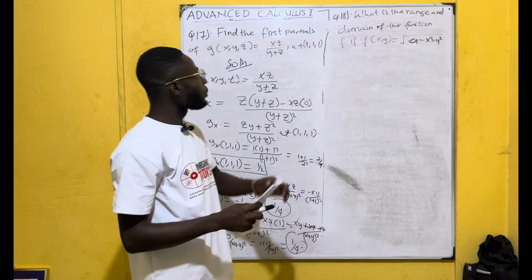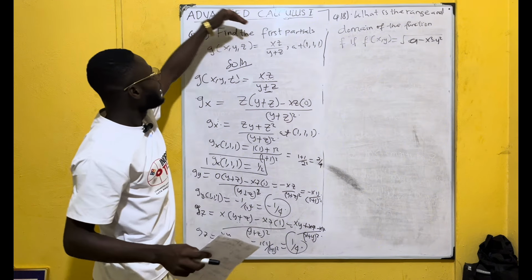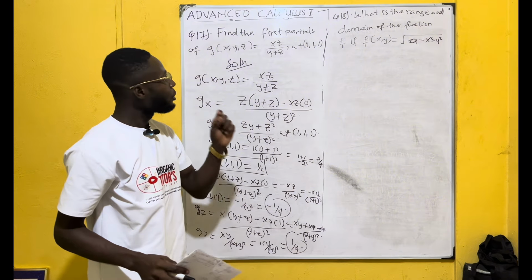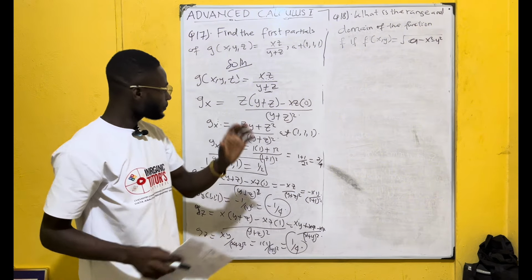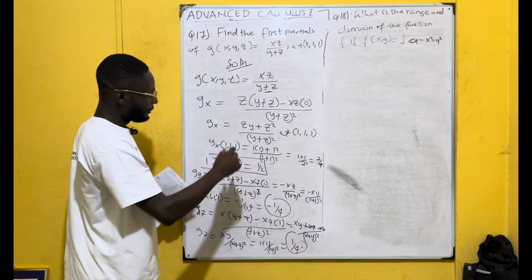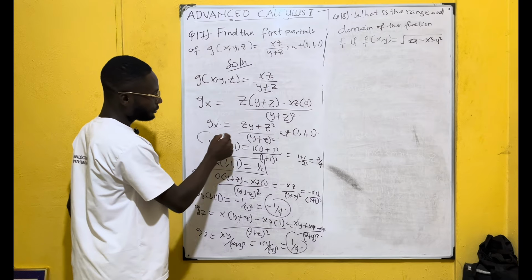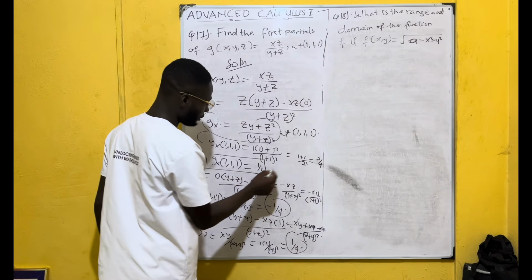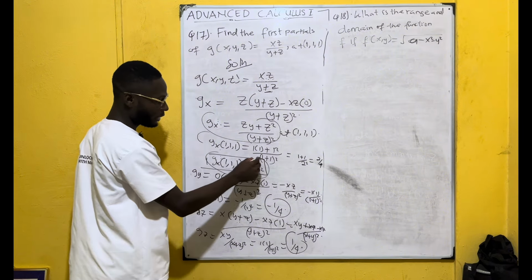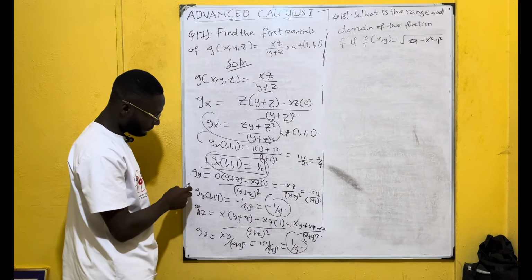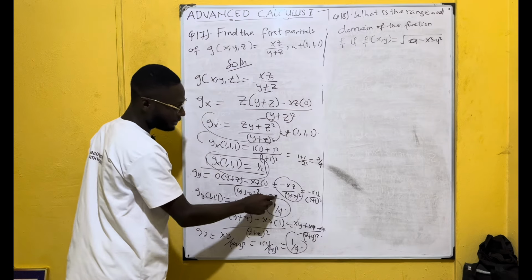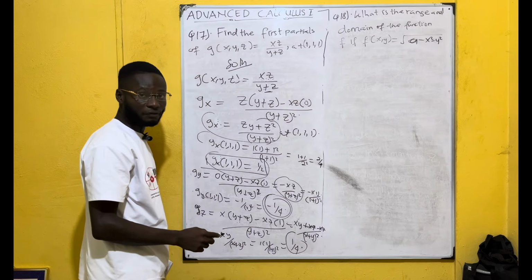So it means when we differentiated this function with respect to x, y, and z, we are having the result to be what? This is the result for g_x, and when we evaluated, we had half. Okay, and then this is the result for g_y. When we evaluated, we have minus 1 over 4.